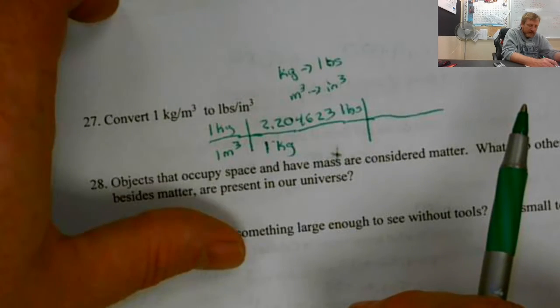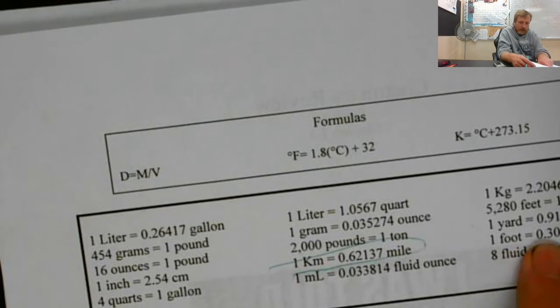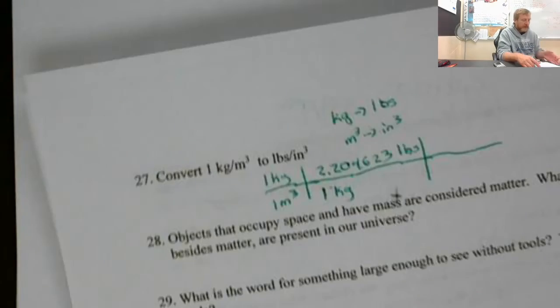And I can say, again, coming back to this little table, which one do I want to use? There's one particular one that I was hoping to use, and I didn't. There we go. 1 foot equals 0.3048 meters.